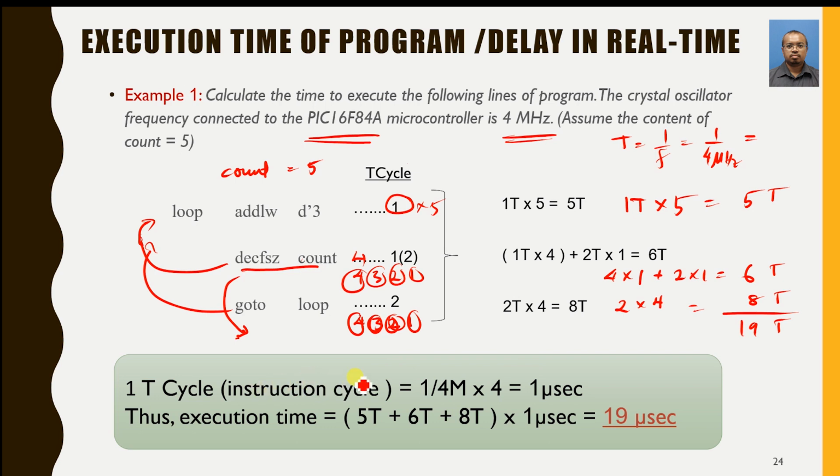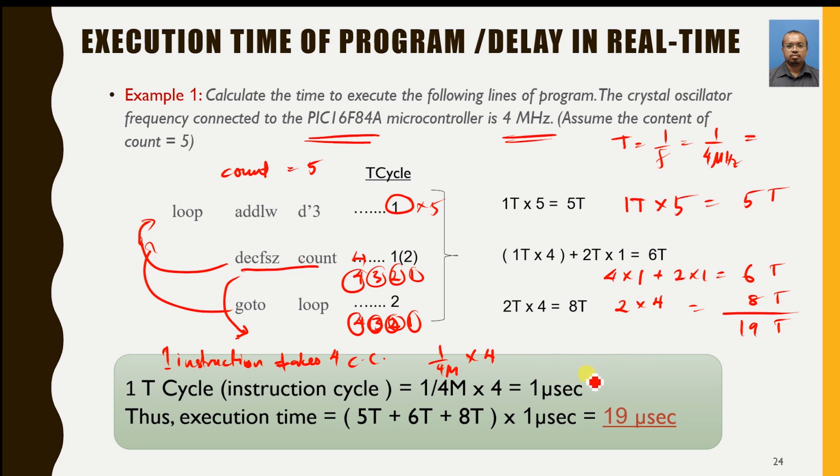For 1 instruction cycle, we use 1 over 4 MHz times 4. Remember, 1 instruction is equivalent to 4 clock cycles. 1 instruction takes 4 clock cycles to execute, when you fetch and do all the processes.